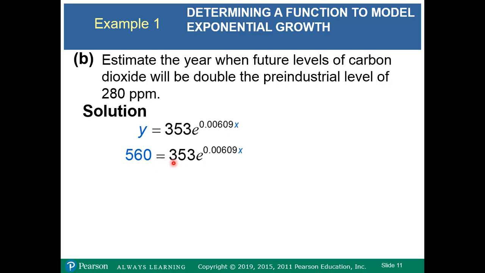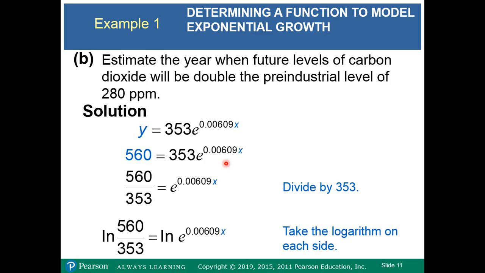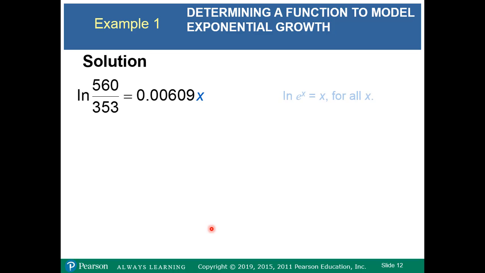Now we're going to basically go through the same process. Divide by this and then take the natural log of both sides. And then this is going to come down and this is going to become 1. And then we're going to divide by our coefficient here.